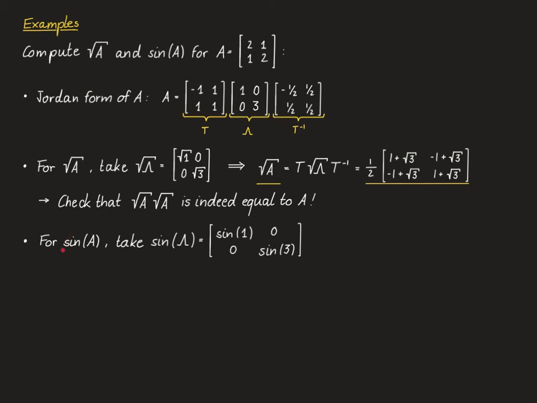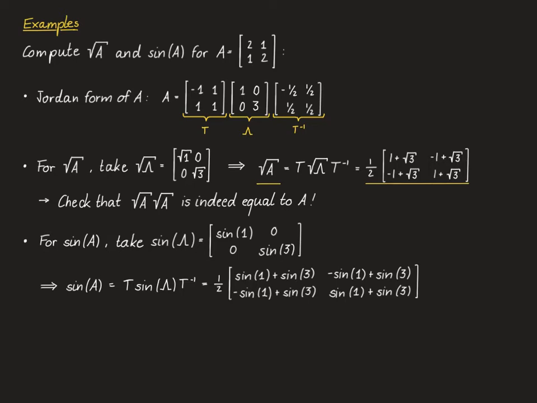For the sign of the matrix A, we take the sign of the matrix Lambda, which is just defined as the scalar sign of the diagonal elements of Lambda. So it's the diagonal matrix consisting of the elements sign of 1 and sign of 3.